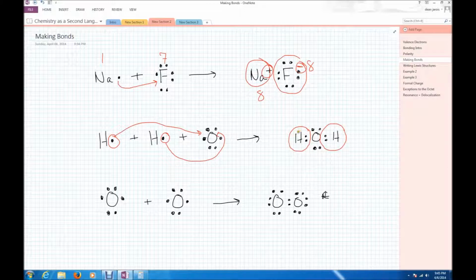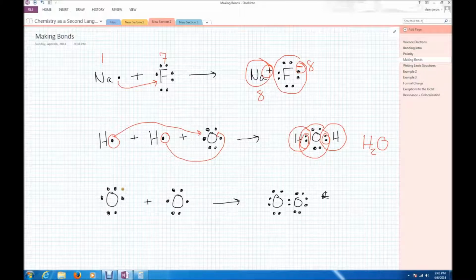And actually, for hydrogen, helium, lithium, and beryllium, 2 is enough to complete their octet. There's a little bit of an exception there. And then oxygen has the 8 that it wants. So this, if you didn't catch it, is actually H2O, water.